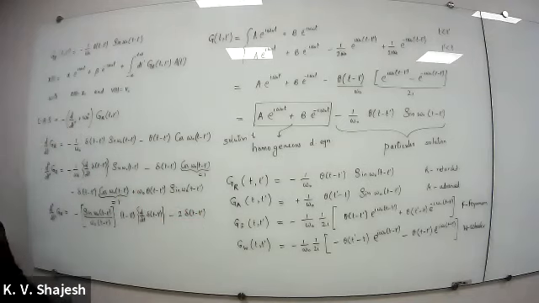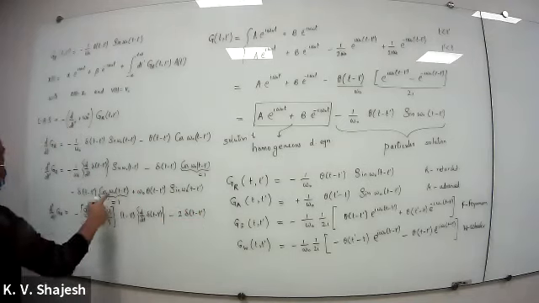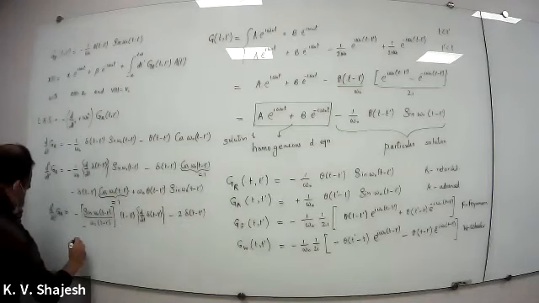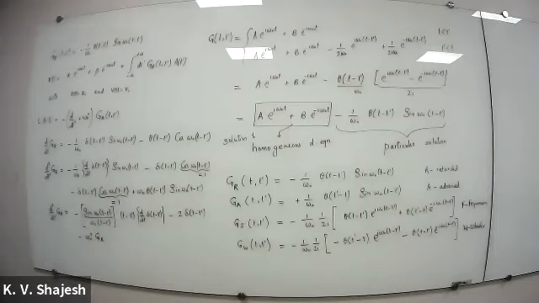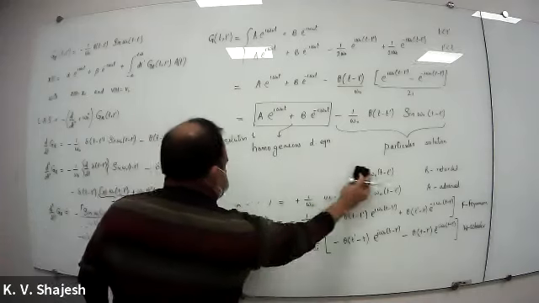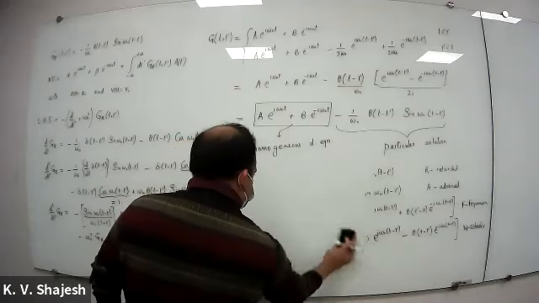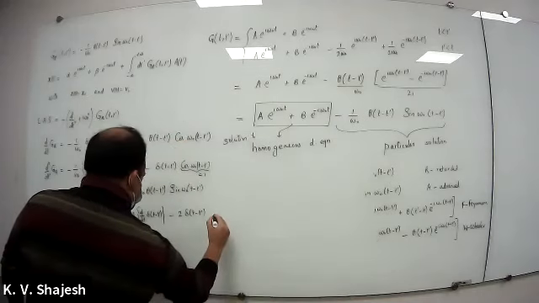And this piece here can be written as minus that. So it's a minus omega naught square times g up. Actually, I want to write it on the space here.